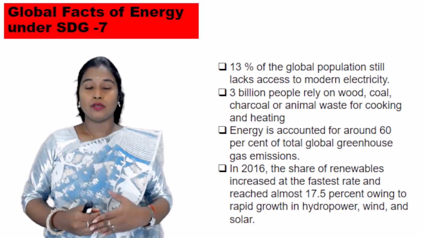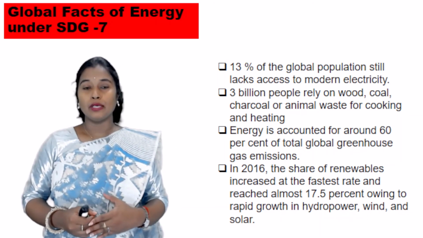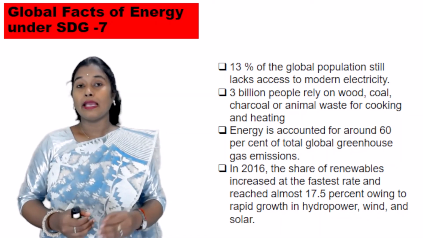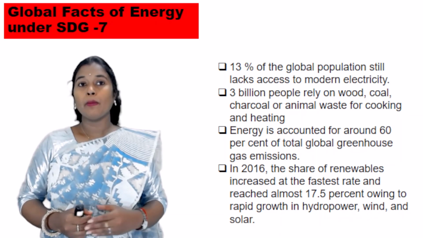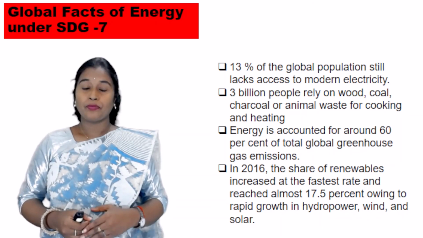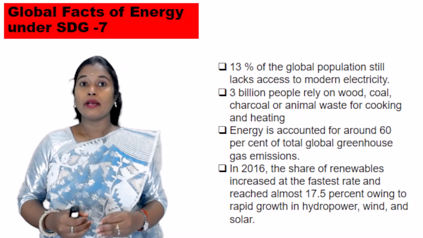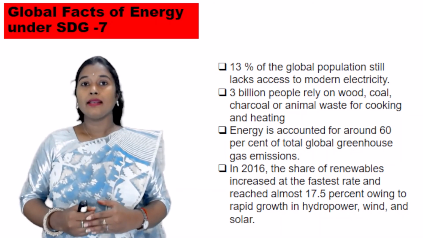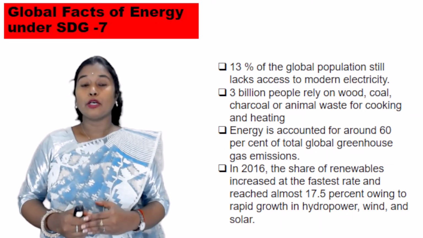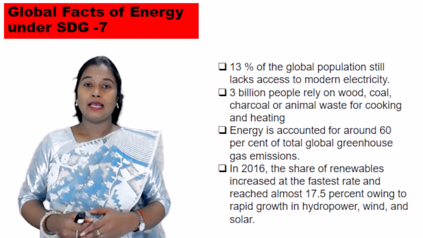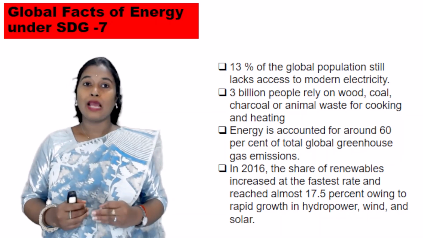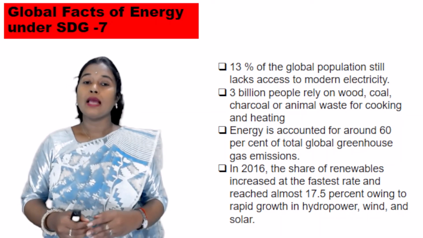Indoor air pollution from using combustible fuels for household energy caused 4.3 million deaths in 2012, with women and girls accounting for 6 out of every 10. In 2016, the share of renewables increased at the fastest rate since 2012, up 0.24 percentage points to almost 17.5%, owing to rapid growth in hydropower, wind, and solar.